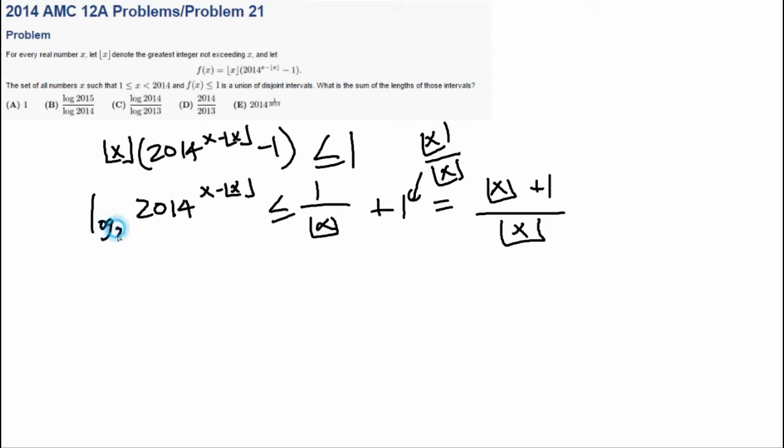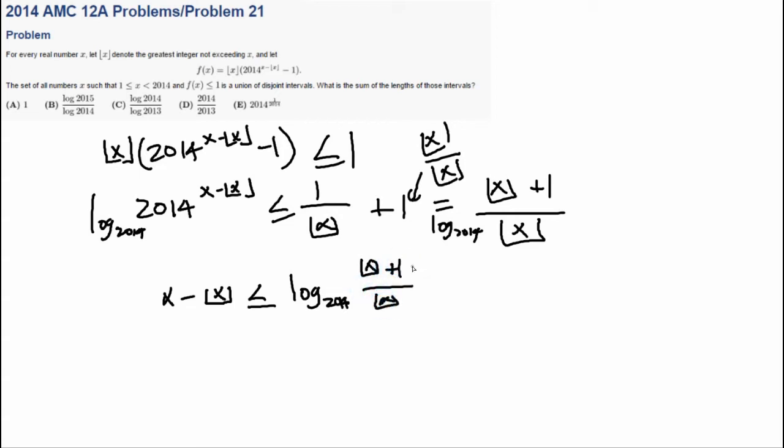So then we take the log base 2014 of both sides, and then we get x minus floor of x less than or equal to log base 2014 of floor of x plus 1 over floor of x.